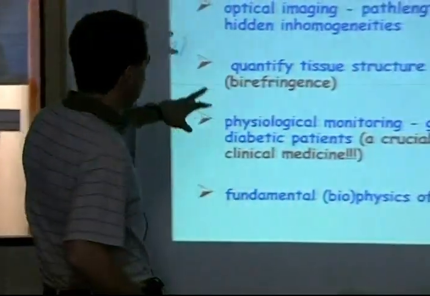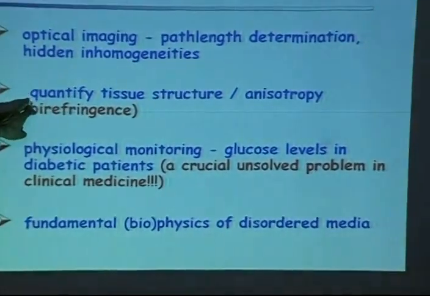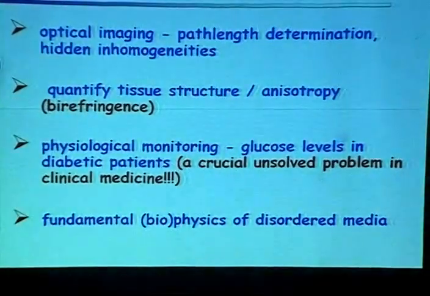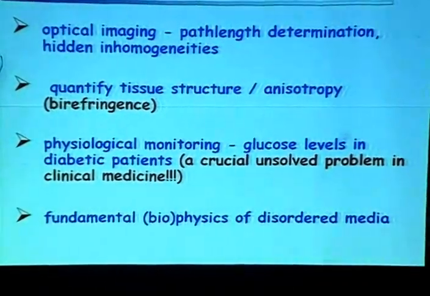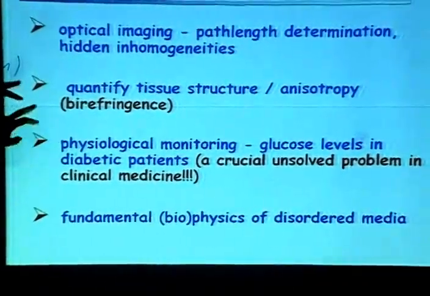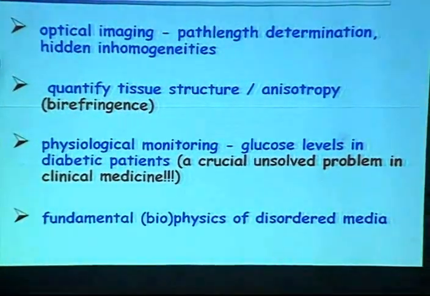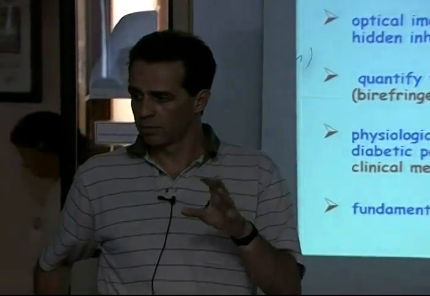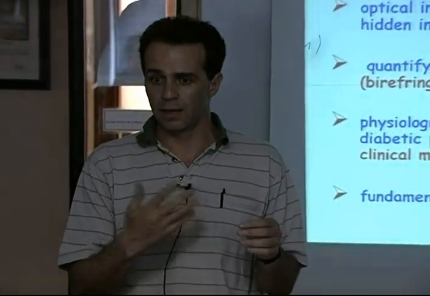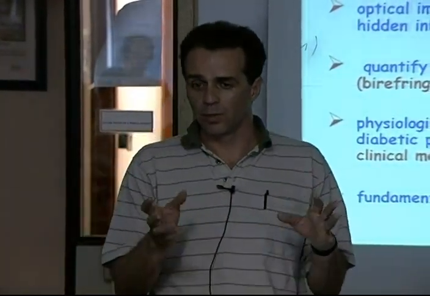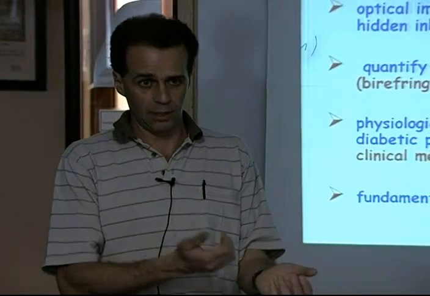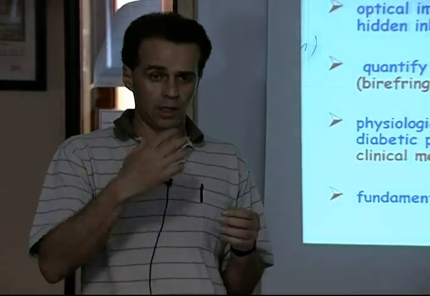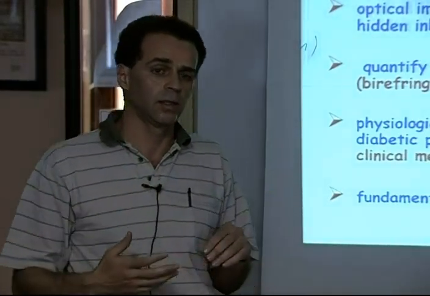A third one, and I'll give you an idea of where this is very important in biomedicine. A third interesting application, probably the most important one, is trying to quantify glucose or glucosa blood sugar level in diabetic patients. As you probably know, most diabetics have to inject insulin and have to regulate how much they eat and how much they exercise.